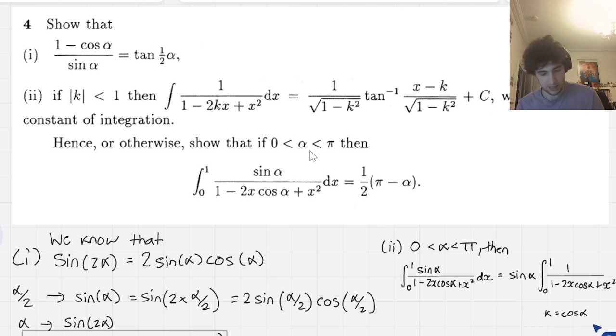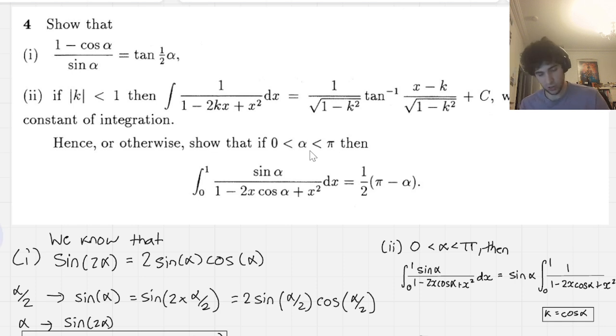So let's plug this into the result they gave us. This is going to be equal to sine of alpha multiplied by 1 over the square root of 1 minus cosine squared alpha, because k is just cosine alpha, and then multiplied by arctan of x minus cosine of alpha, all divided by the square root of 1 minus cosine squared alpha.